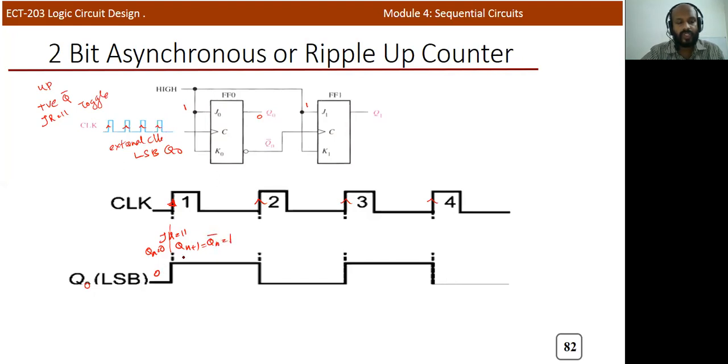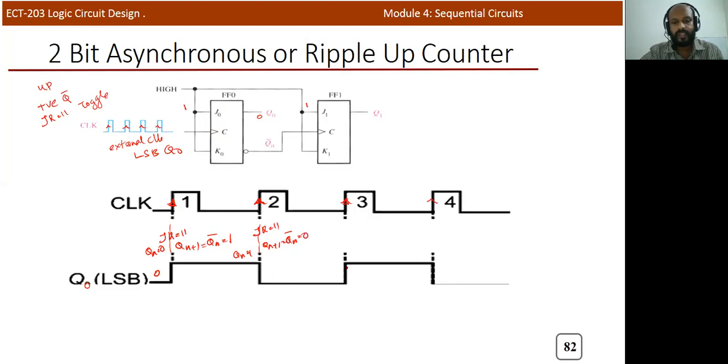So 0 is changing to 1. Now it will continue in this state, and when it reaches the next positive edge triggered clock, again we need to verify the output. JK inputs are again 1 1, and here Qn is equal to 1. After this clock signal, Qn plus 1 becomes Qn bar. Initially it is 1, so now it is 0. So it is changing to 0.